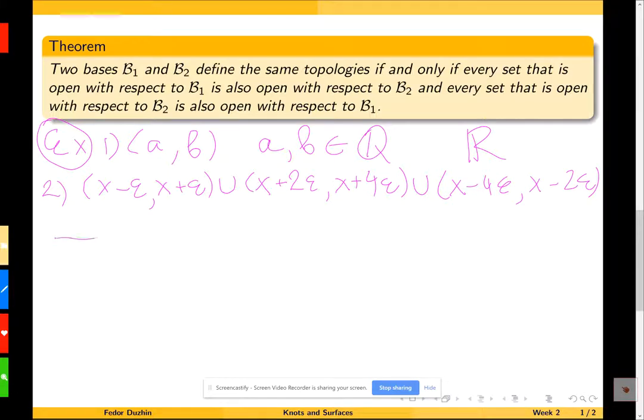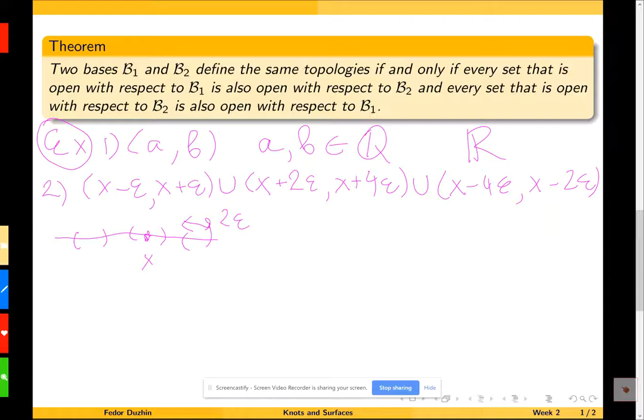So geometrically, this looks like the union of three intervals. Each of them is of the size 2 epsilon, and they're centered at x.